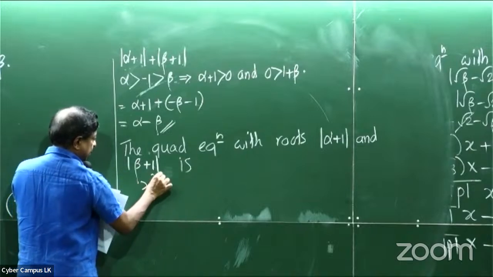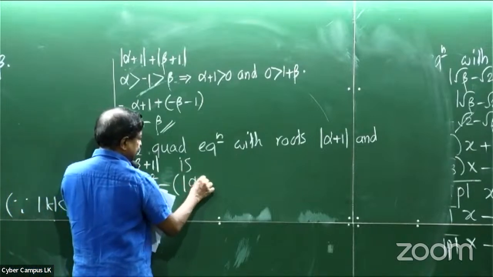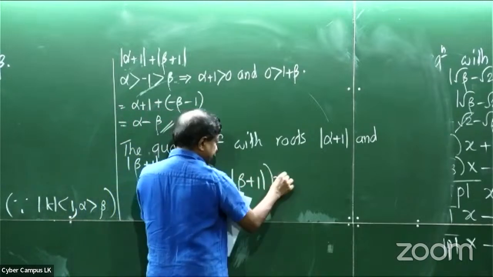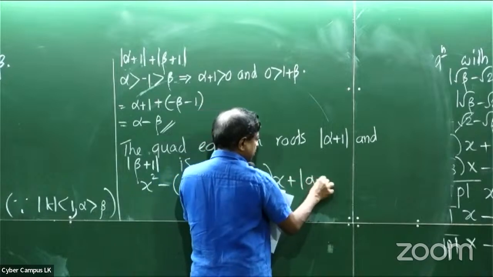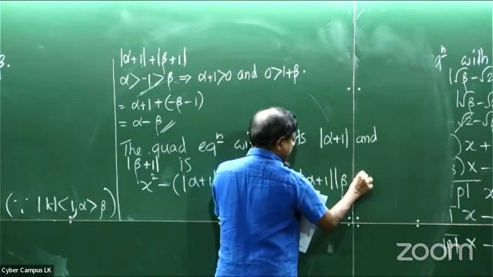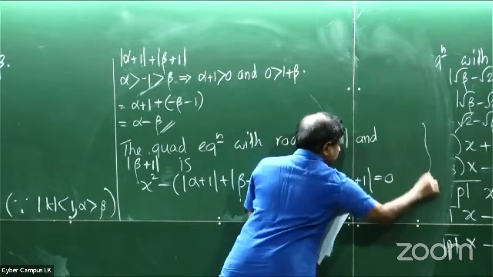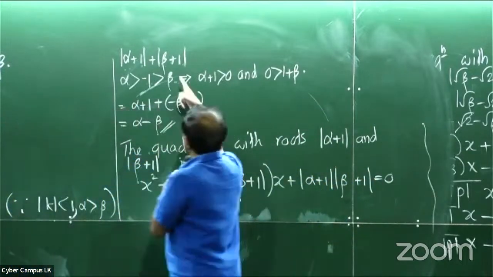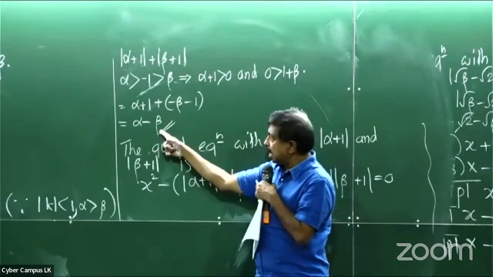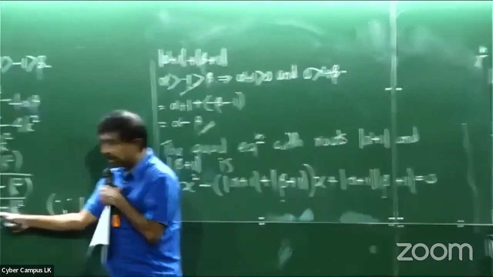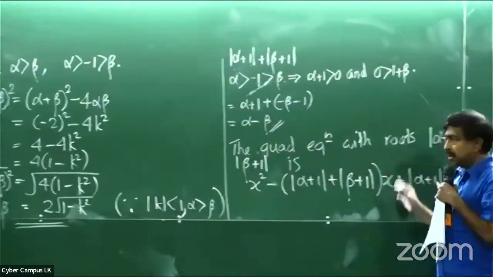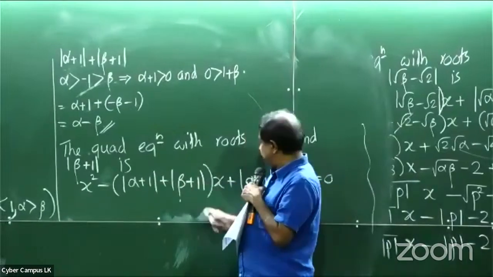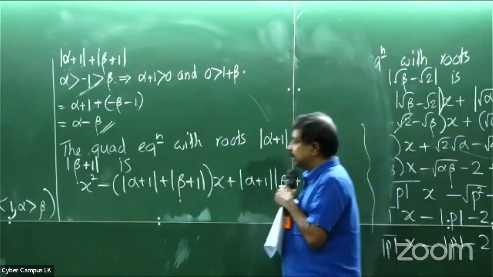You can start with x squared, insert the sum times x, plus the product. Now you know what it is, because we have just obtained it. And we know what alpha minus beta is. So we have pretty much done the homework, because we exactly know what they are. Now we need to figure this one out.